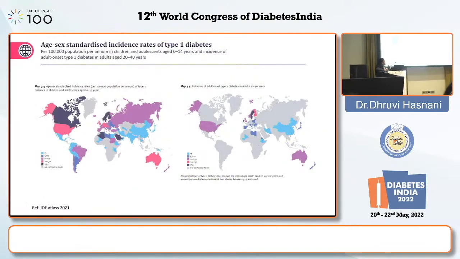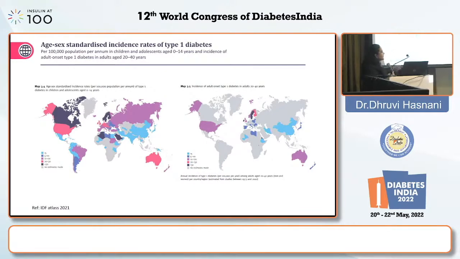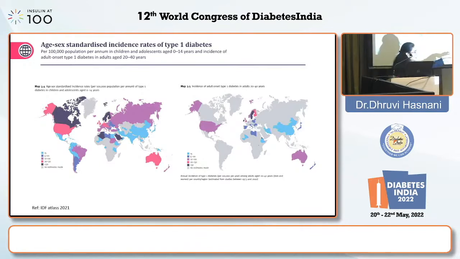This is the latest IDF 2021 Atlas data. Very simple to understand. This side is the prevalence data, the other side is the incidence data. Do you see where India is standing in the incidence data? No estimates made. How do you get incidence data?